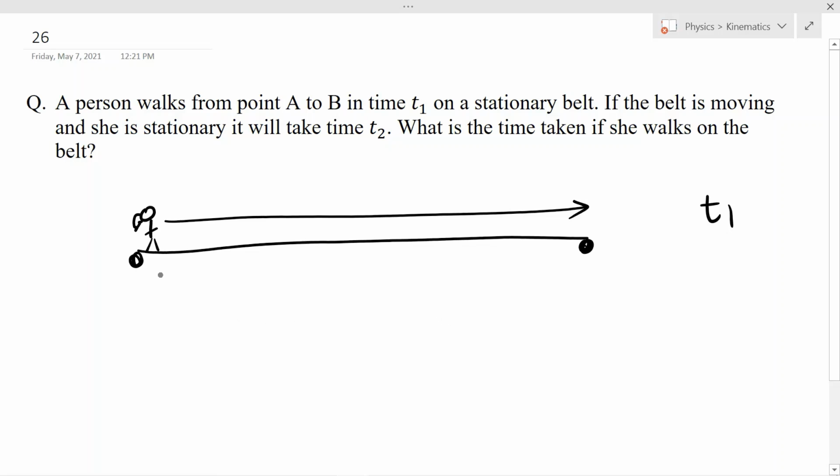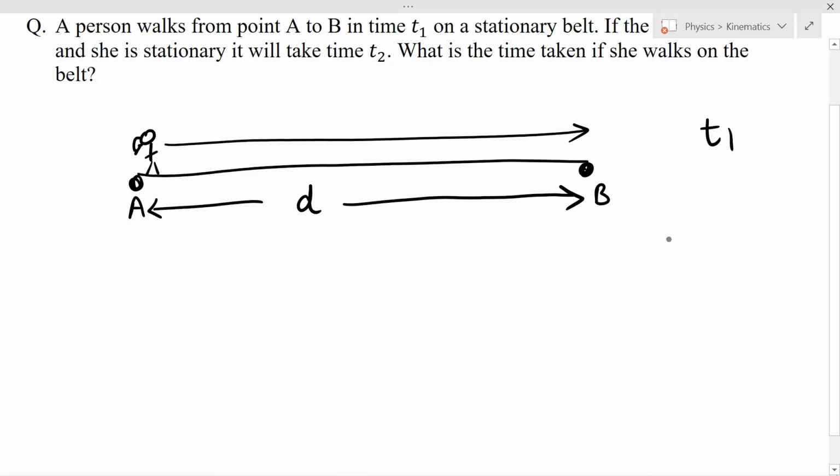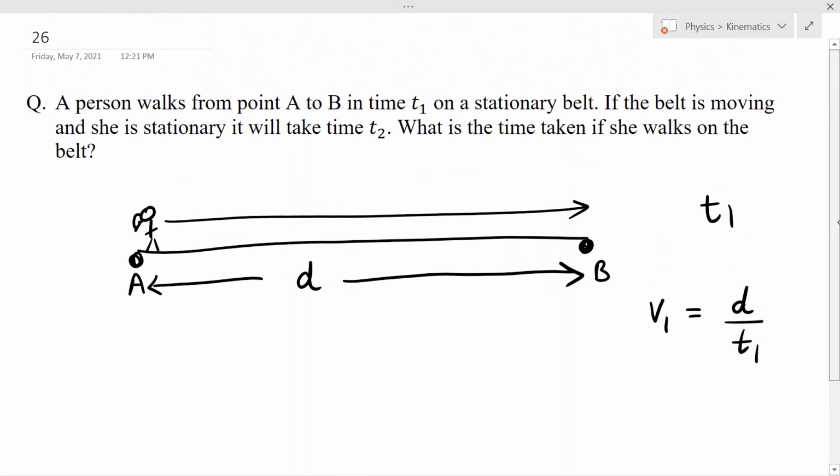So let's say the distance between this point A and B is d. So the speed of the person will be v1, which is equal to distance divided by t1. This is the speed of the person if the belt is stationary.